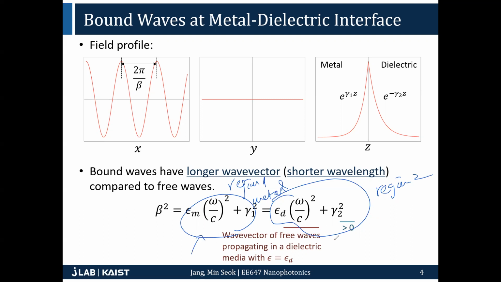But for both cases, you can see that because gamma squared is a positive number, beta is larger than the free space k vector of the original light.